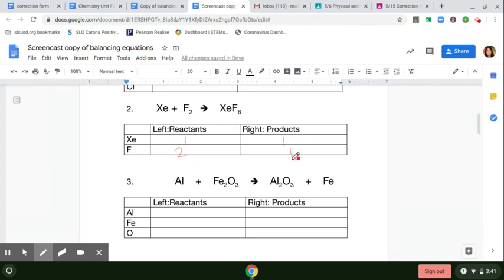Okay, so it looks like my xenons are balanced, but my fluorine is not. So in order to get this left side to be equal to 6, what can I multiply by? Well, I can multiply by 3. So 3 times 2 is 6. Cross that out. And my equation is balanced. Okay, so let's go to the next one.